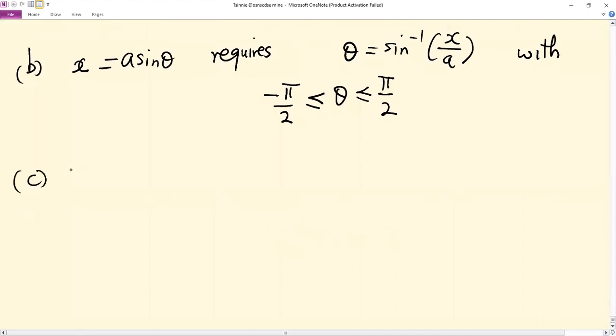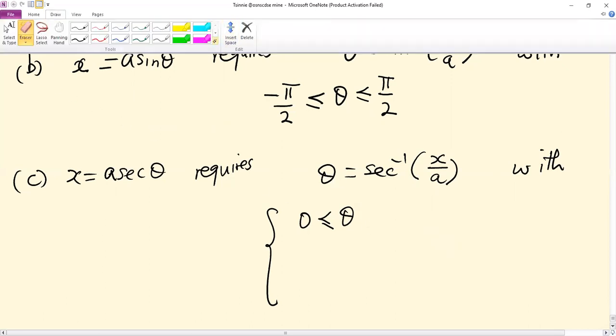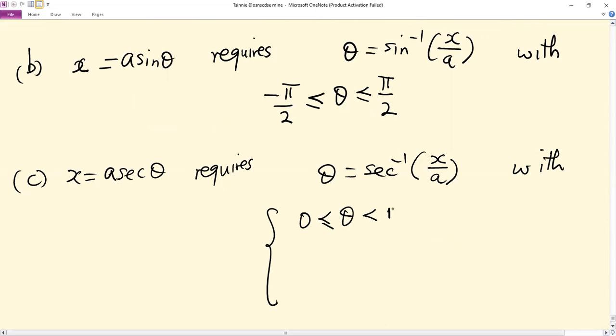And lastly, C, x equals a sec theta requires theta to be the sec inverse of x over a, with 0 less than or equal to theta strictly less than pi over 2, because when the angle is pi over 2, the value of sec theta will be undefined.